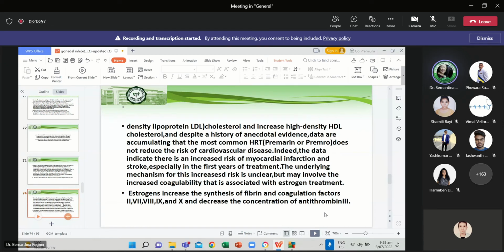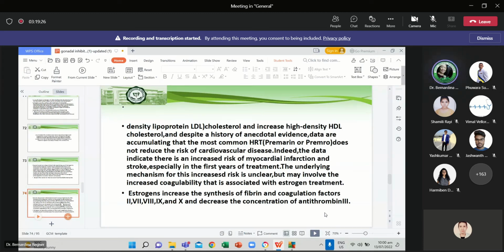Okay, I repeat, you have to be very careful in giving hormonal replacement therapy to a woman who already has a previous history of unstable angina, myocardial ischemia, or myocardial infarction, because the risk is correlated with the increased coagulability of the blood associated with estrogen treatment.